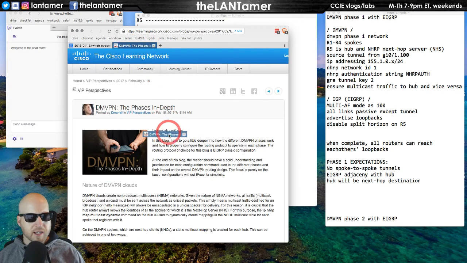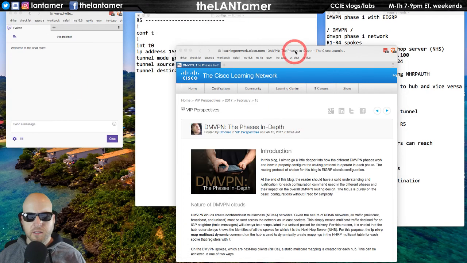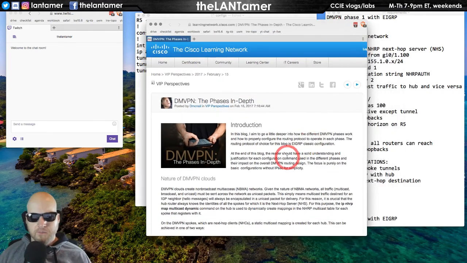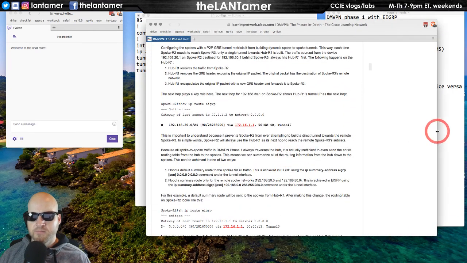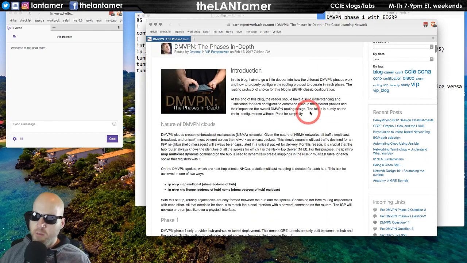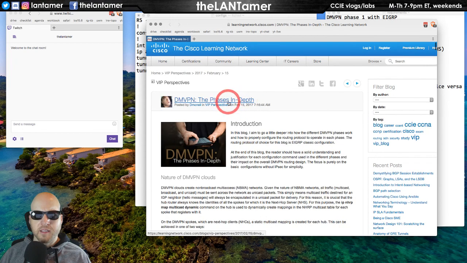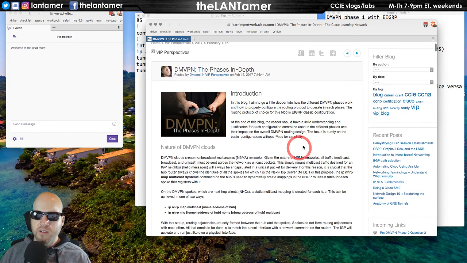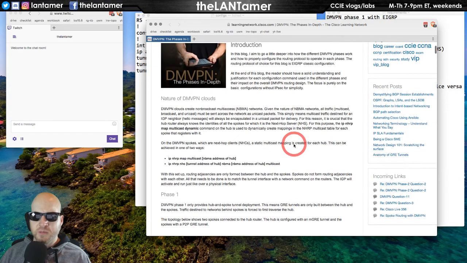I'm trying to drag this to separate it, and it wouldn't cooperate. Now it does. Okay. Something threw me off in the beginning when I started to read this. There was no background on what was being explained. It was assuming you had knowledge, which for an in-depth DMVPN blog was a little presumptuous.